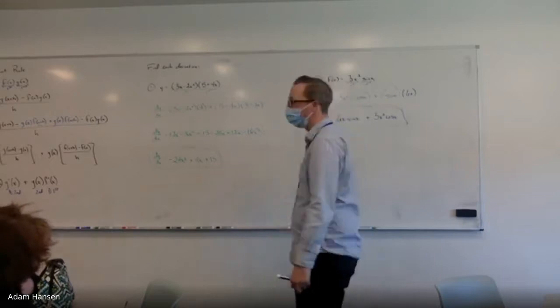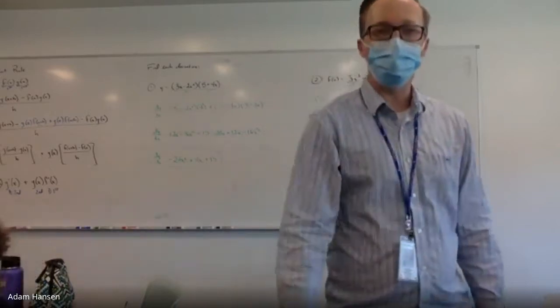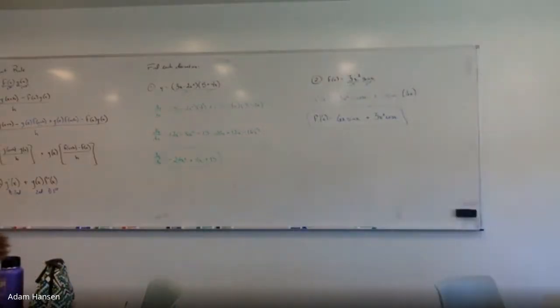There's really nothing to do algebraically to clean that up other than just writing it out. The derivative of 3x squared sin x is 6x sin x plus 3x squared cosine x.